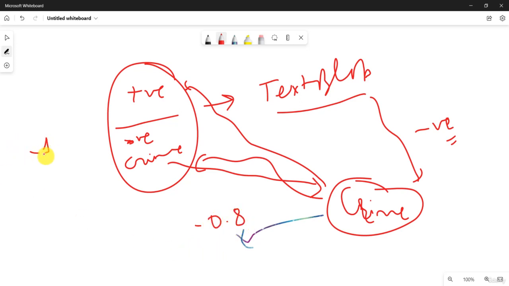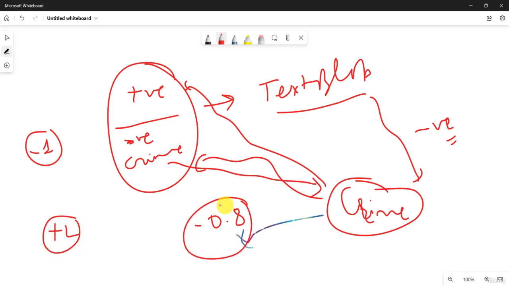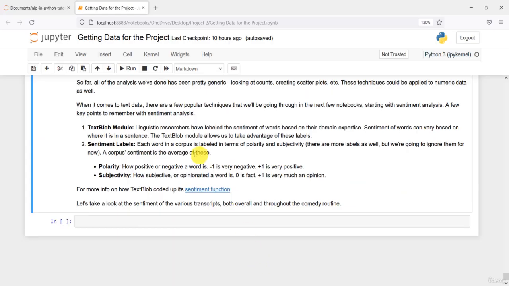Now -1 means a very negative word, and +1 means a very positive word. This -0.8 is near -1, so that means this is a negative word. So -1 is negative, +1 is positive. Just remember that in the case of polarity.